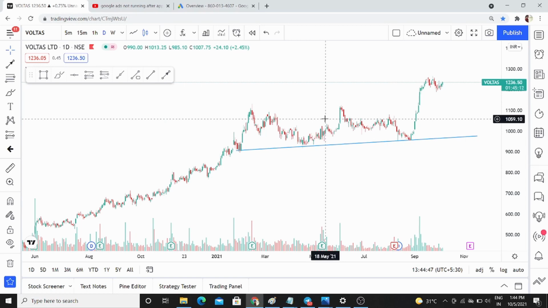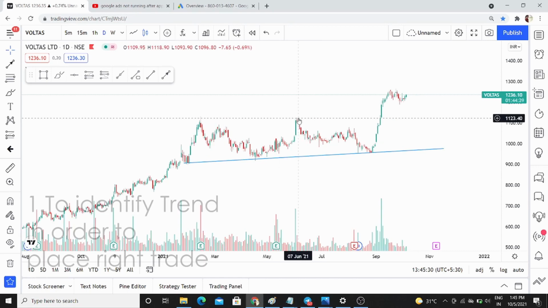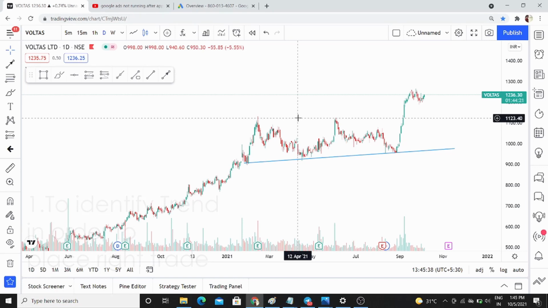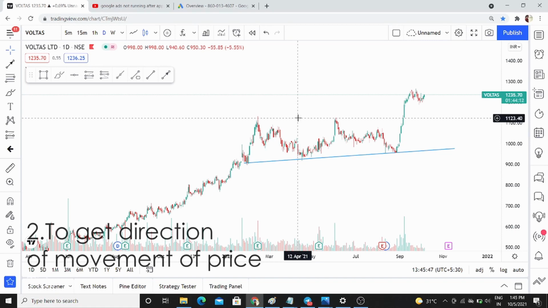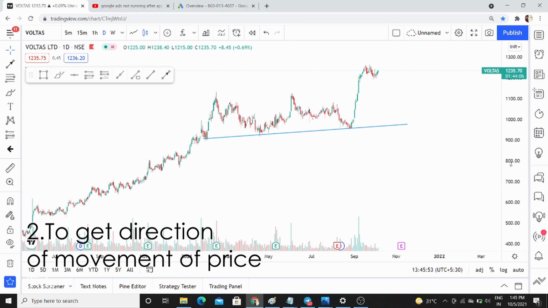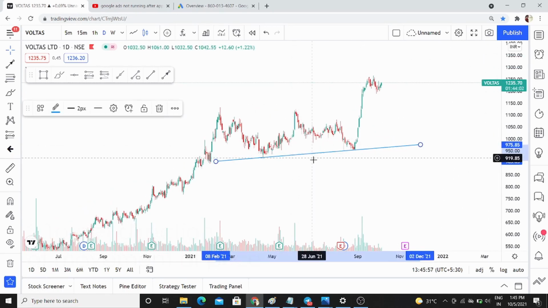Why do we need trend lines? The trend line helps us identify the trend in the market in order to take the right decision or place the right trade. Then we get the direction of movement, whether the stock is going up or down, by looking at these trend lines.